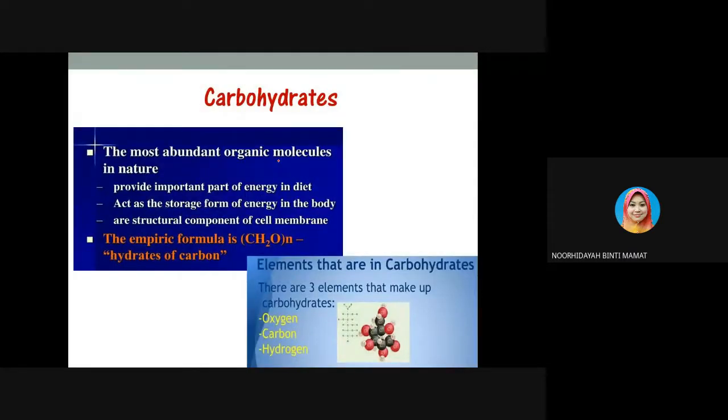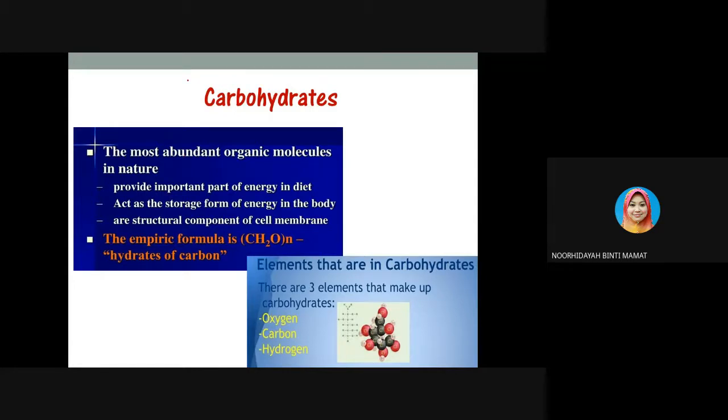So we already learned about the function of carbohydrates, the examples of carbohydrates, and that living organisms need carbohydrates. But what actually are carbohydrates? What are carbs? What is the structure of carbohydrates, and so on?